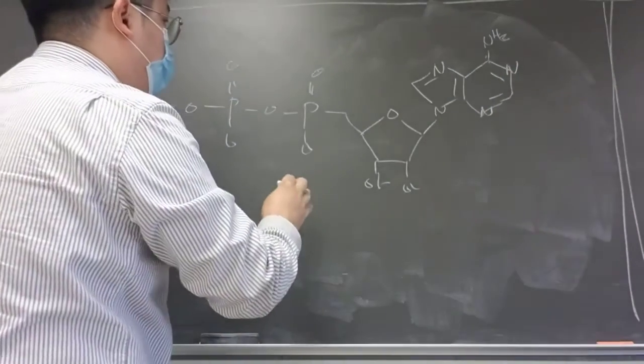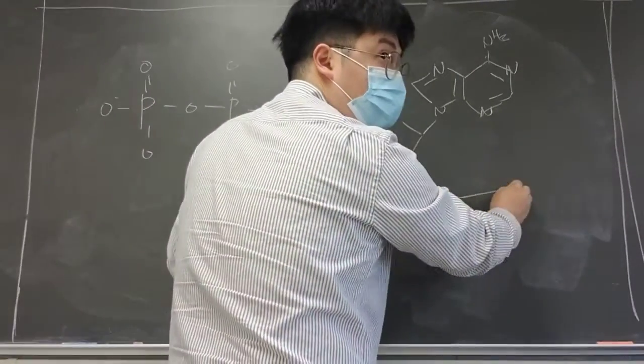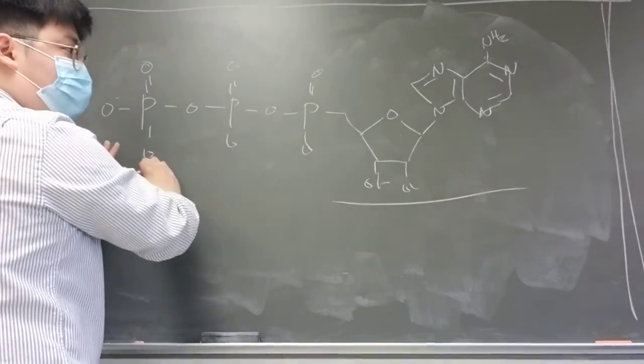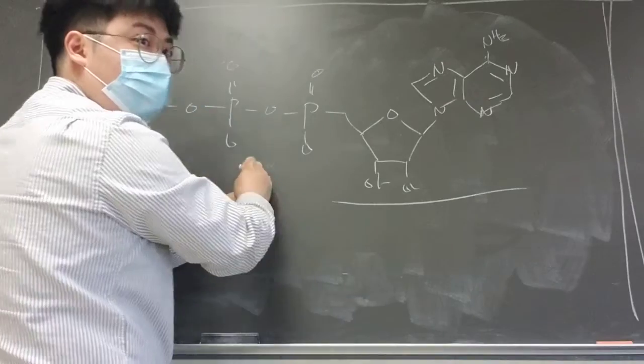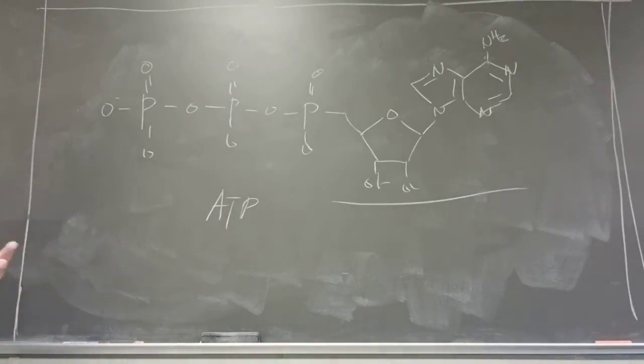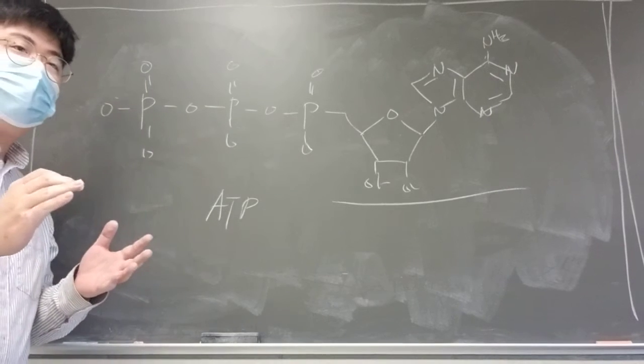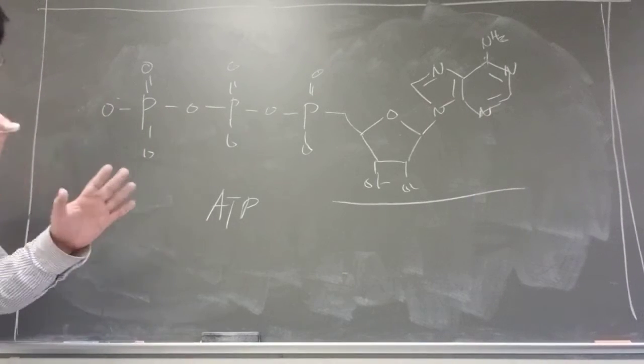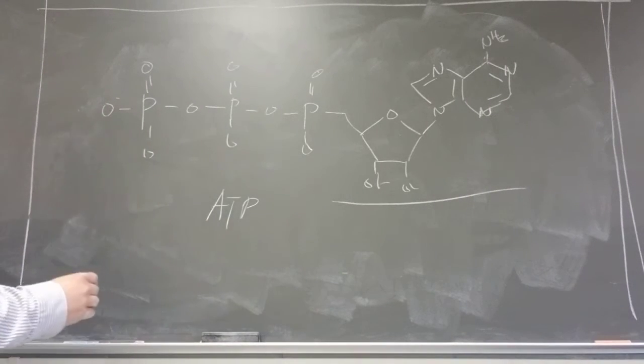So this is adenosine, right? This is triphosphate. So adenosine triphosphate is what? ATP. Perfect. This is good. Definitely your bio major, I believe.